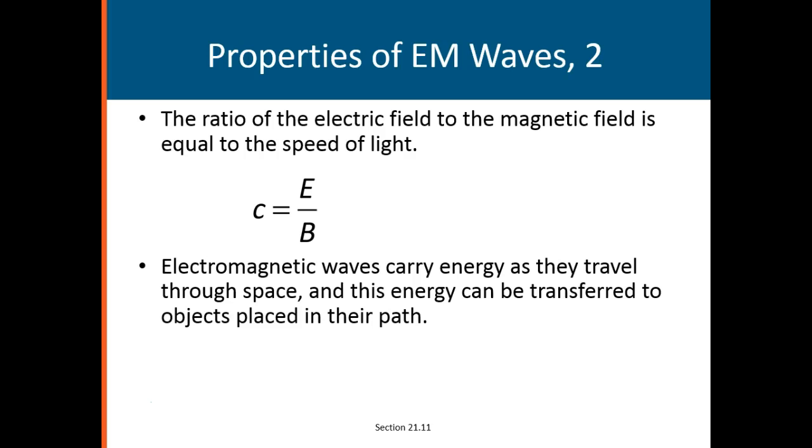The electromagnetic waves carry energy as they travel through space, and that energy can be transferred to objects placed in their paths. Okay? We are in their paths. The Earth is. And that energy hits the Earth and is transferred to heat energy, to light energy, to a variety of other energies. Okay?